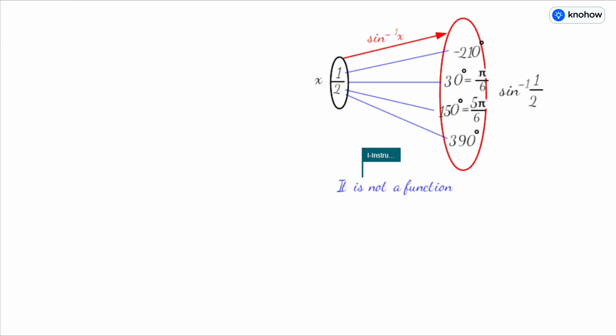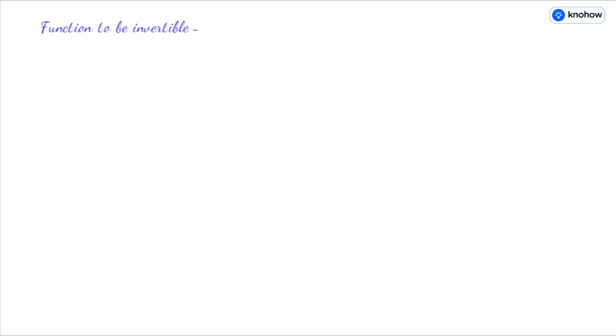So let us discuss this with the help of graph. As already you know, what is the requirement of a function to be invertible? Why do I use here the term invertible? Because basically we had earlier a function sine theta, and now we are taking the inverse trigonometric function. So we have to use the condition of inverse functions. And what is the condition? A function f is invertible provided it is bijective, that is 1, 1 onto.